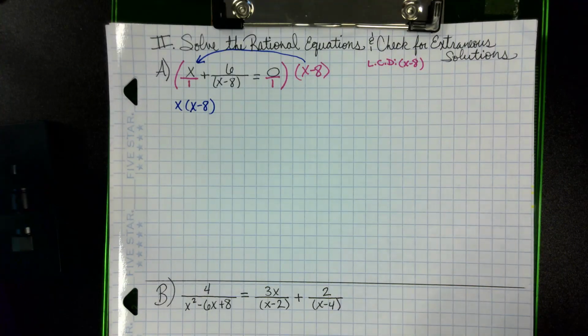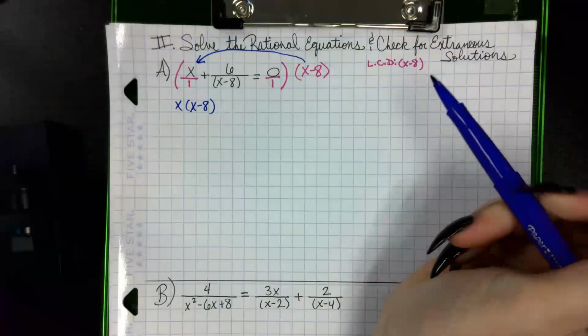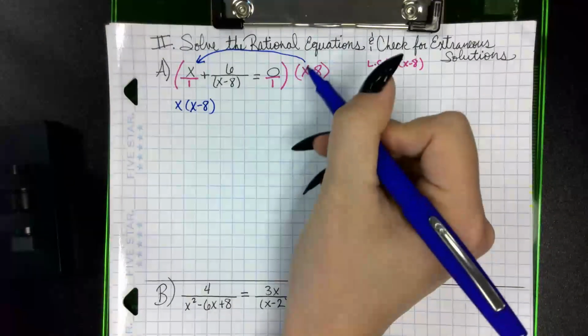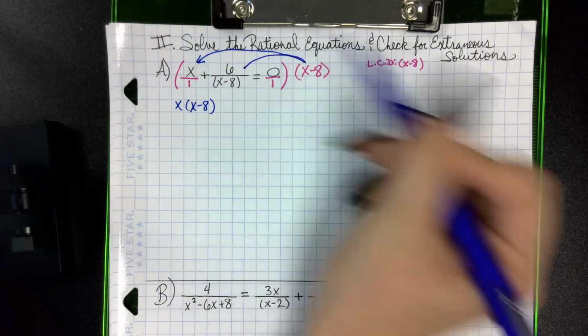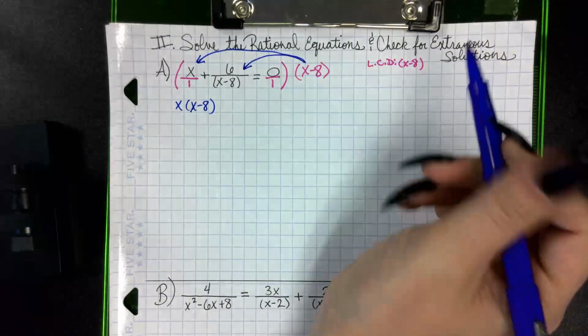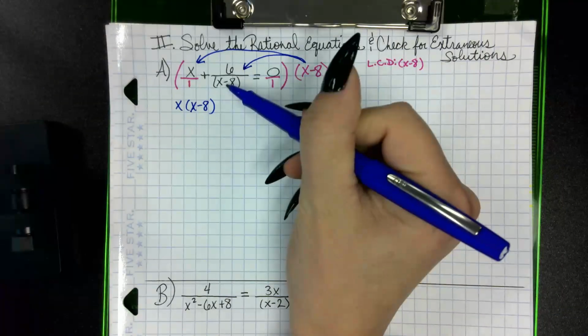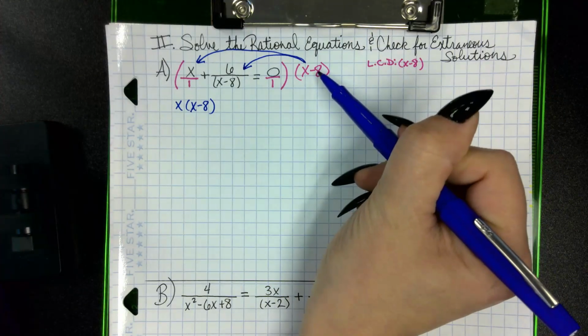Then I'm going to multiply x minus 8 times the second one. My x minus 8 in the denominator is going to cancel the one that I'm multiplying it by.